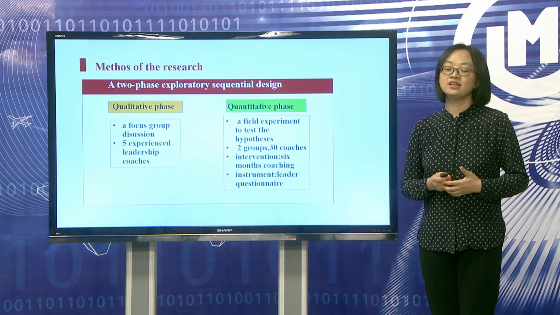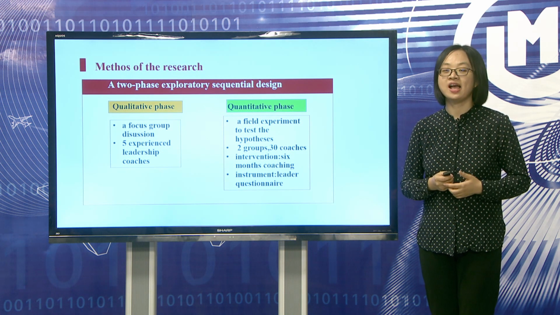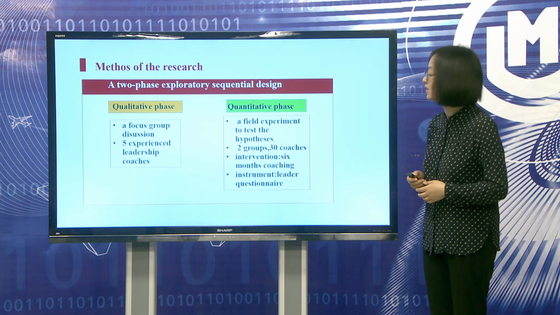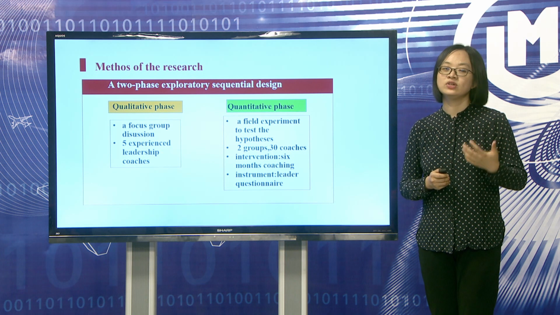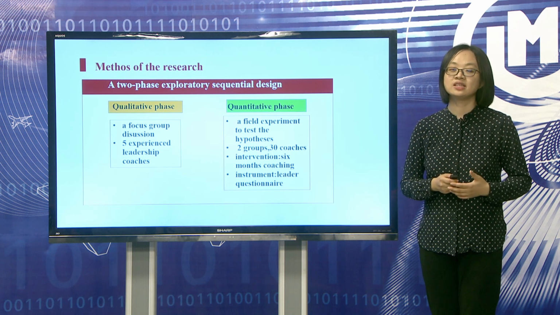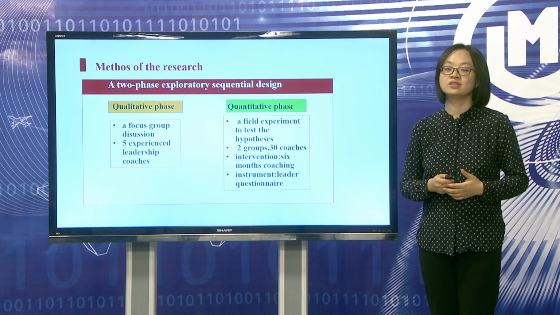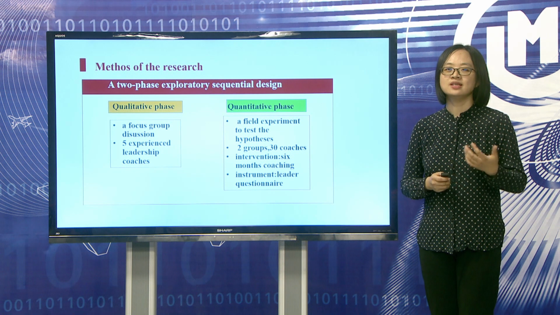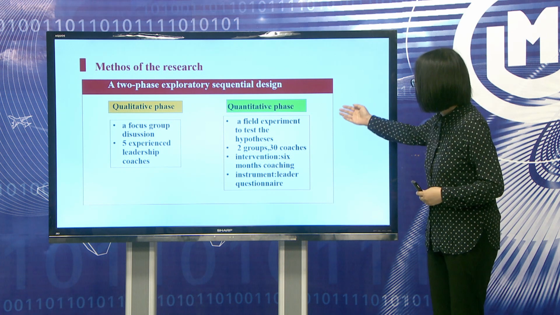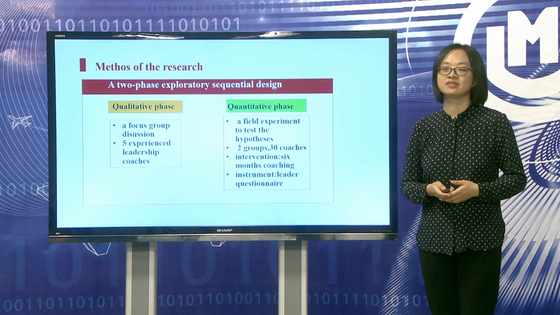In the qualitative phase, through a focus group with 5 experienced leadership coaches, the researchers identified the outcome to be assessed for the quantitative, also the second phase of the study. The quantitative phase of the study was a field experiment to test hypotheses.